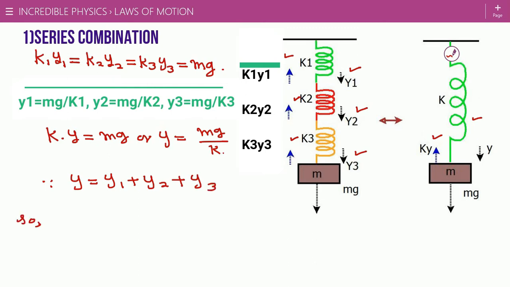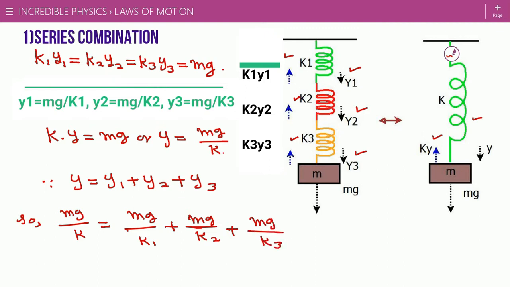So after placing the values, this is mg over k, and this equals mg over k1 plus mg over k2 plus mg over k3. So we have the formula of equivalent spring constant as 1 over k equals 1 over k1 plus 1 over k2 plus 1 over k3. This is the formula to find the equivalent spring constant where springs are connected in series combination.